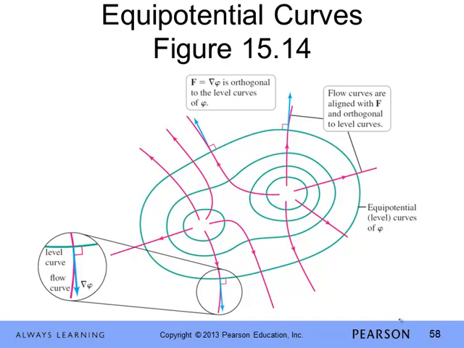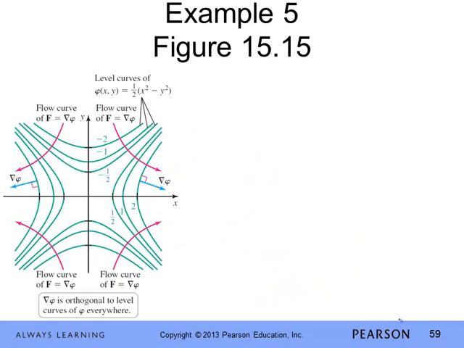So we've got one last example to take a look at before we part ways this evening. And here, for example 5, we're going to take a look at phi of x, y, this potential function, being equal to 1/2 times x squared minus y squared.